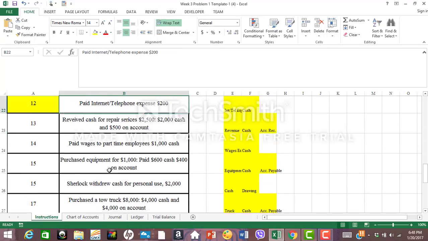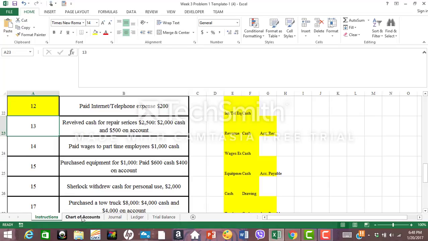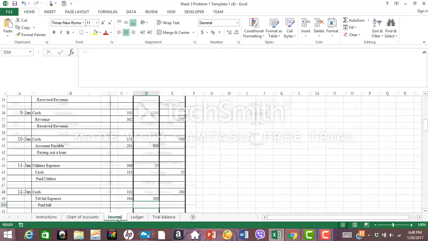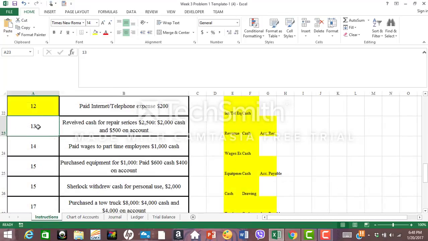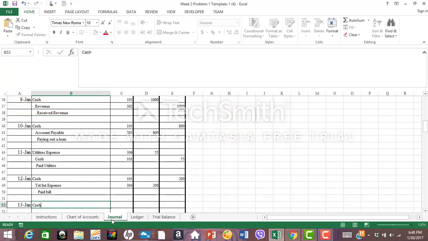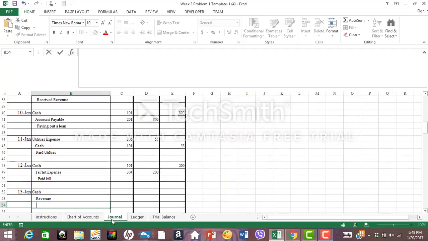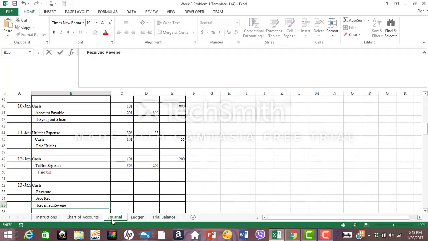The next transaction is the 13th, January 13th. I don't know why it's always there. What happens on January 13th is received cash for repair services, $2,500. So revenue is getting affected, cash is getting affected, and account receivables is getting affected. So cash, revenue, account receivables, received revenue.